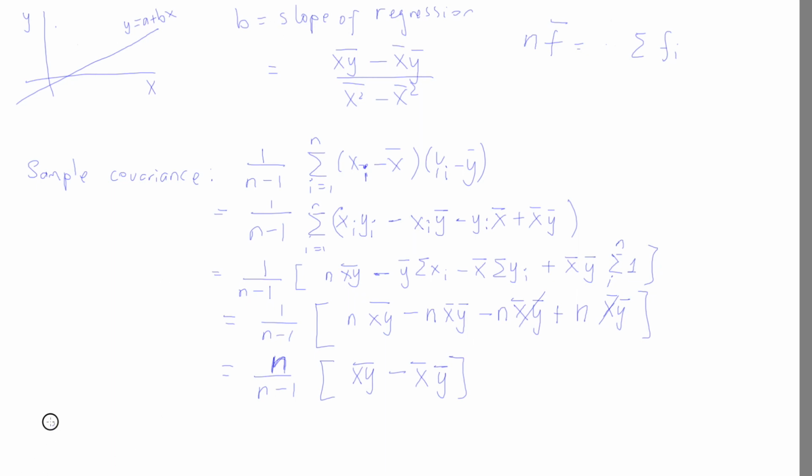Well, let's add one more piece of information. What is the sample variance? Okay, how do I compute the sample variance? Well, it's 1 over n minus 1 times the sum of xi minus x bar squared.